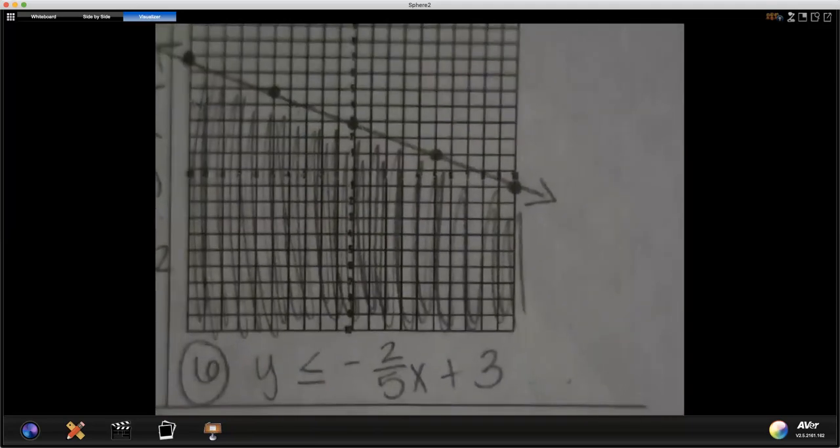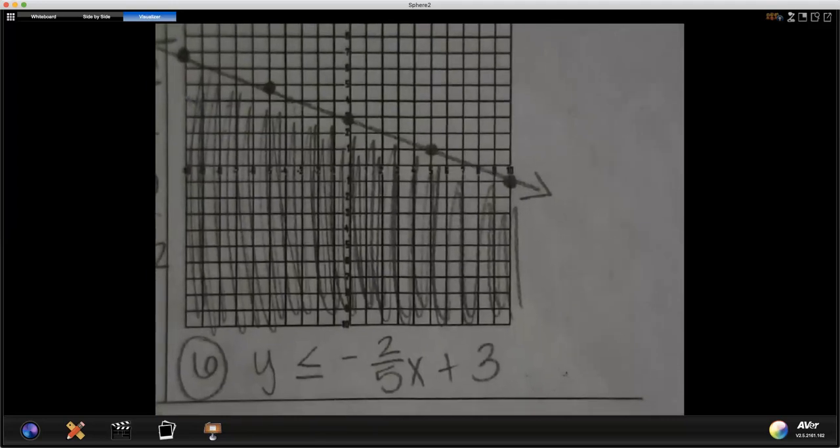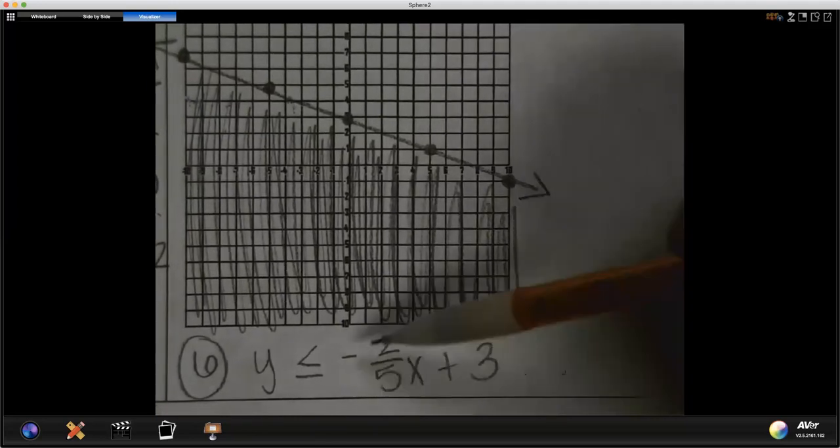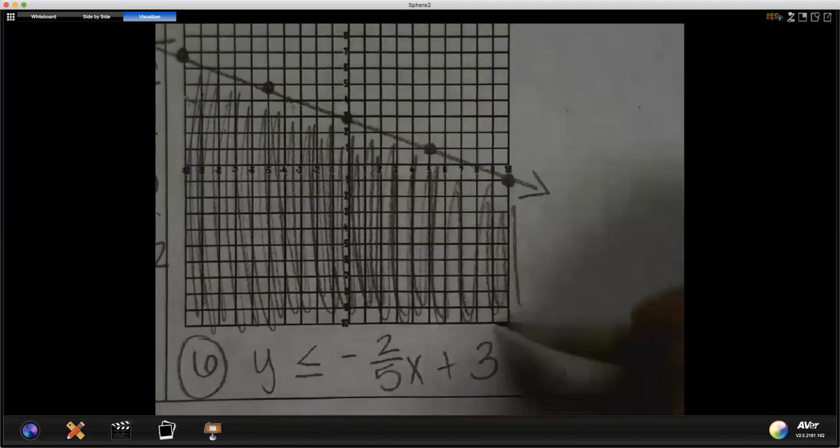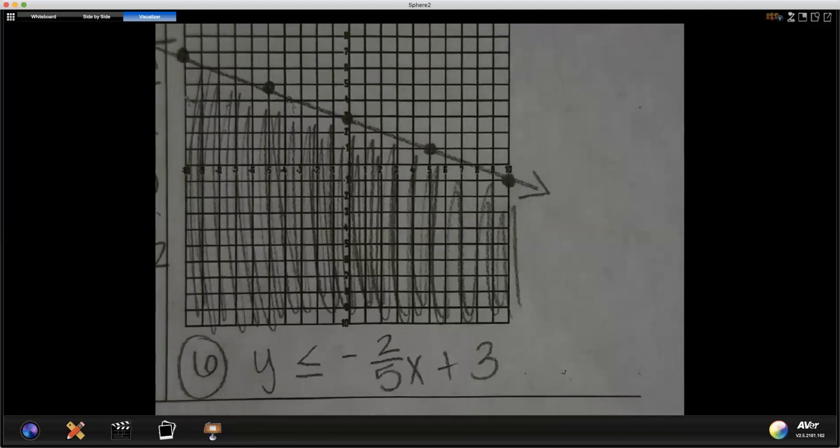Raise your hand if you got that. So first we start off with our y-intercept, which is 0, 3, so that's where we get the plus 3. Then we count our slope, which was up 2 to the left 5, which is a -2/5. From here, we got to pick our test point and indicate what sign.